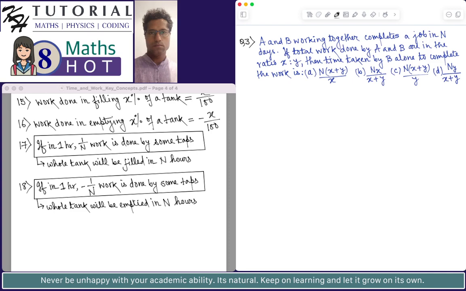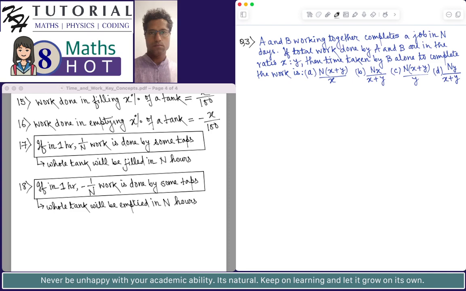In those n days, A has done some part of the work and B has done the remaining amount. The ratio of the work of A and the work of B done in n days is given to be x is to y. Then the time taken by B alone to complete the work is.